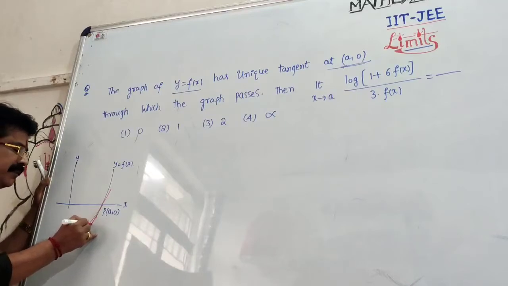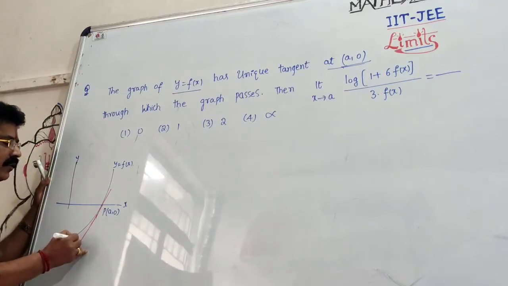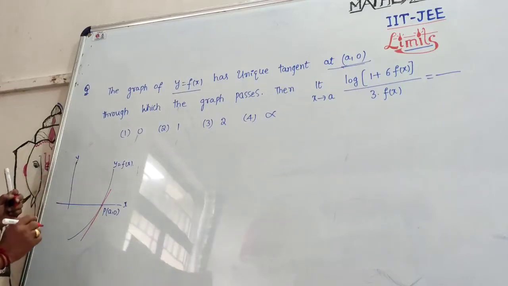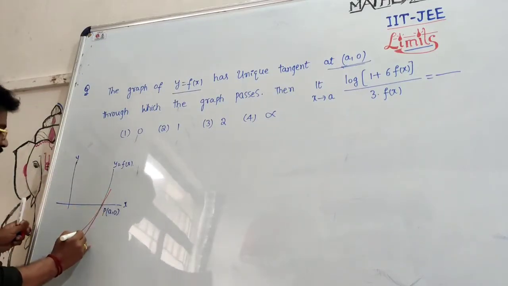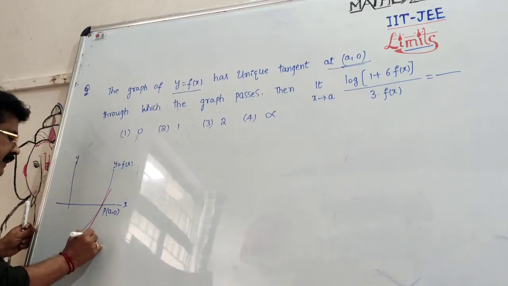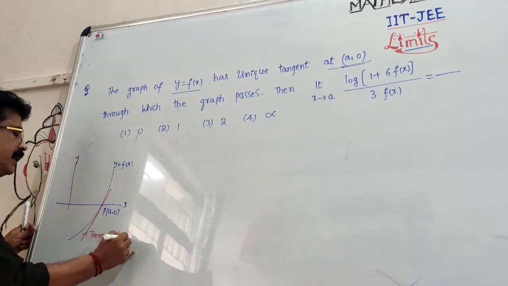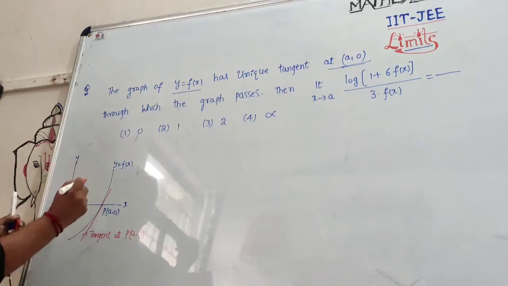If it is possible, then it should not be a differentiable function. Okay, it is out of question. So this is the situation. At capital P, this is the tangent. This is the tangent at capital P of (a, 0).